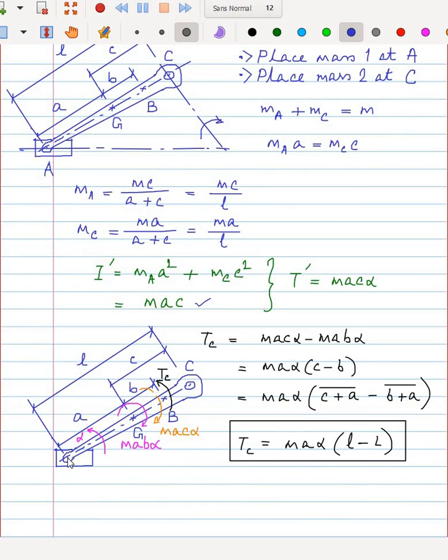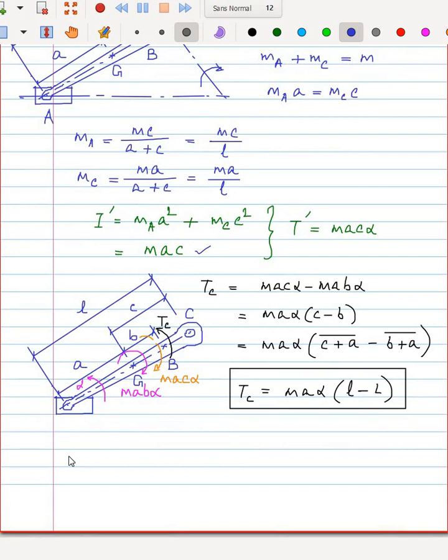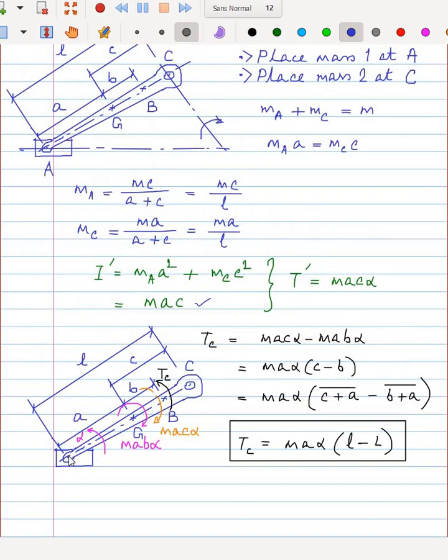If you suspend it from the small end, then this capital L is actually the distance of the center of percussion from the small end. So in this way you can get the equivalence.